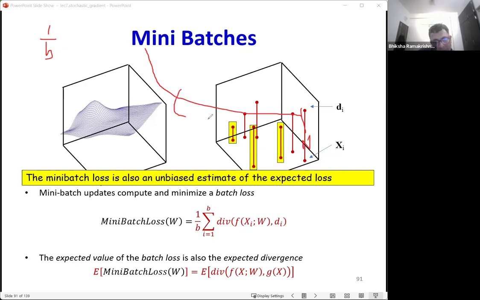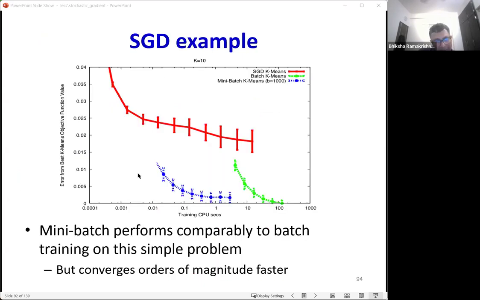And so the variance of your mini batch loss begins approaching the variance of your batch loss very quickly as you increase the batch size. And so you get more stable updates. So that's what we find over here. When you use mini batches, you actually get much better convergence, and it's much faster. So this makes sense, the whole thing so far?